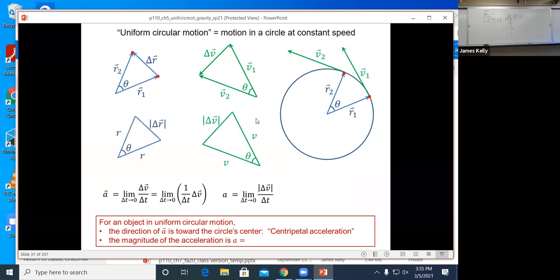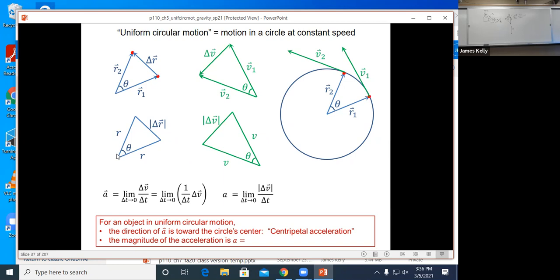Takes a little bit of thought. Okay, so getting rid of the vectors now, I'm just taking the absolute value or length of both sides. v1 and v2 have the same length. We called that v, just the speed that it's moving around the circle with. r1 and r2 have the same length. That's just the radius r of the circle there. And let's call this delta v and this delta r.